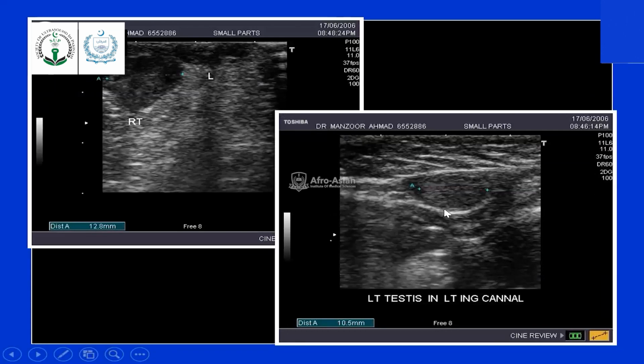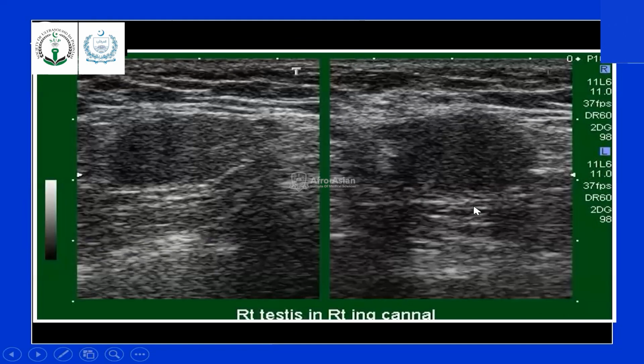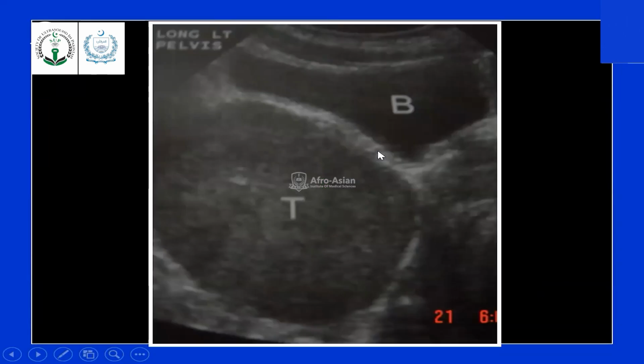In the inguinal canal: the right testicle is in the scrotum, the left is not visible, as it is lying in the left inguinal canal. Right testicle in the inguinal canal. So you can see it is the prepubic place.